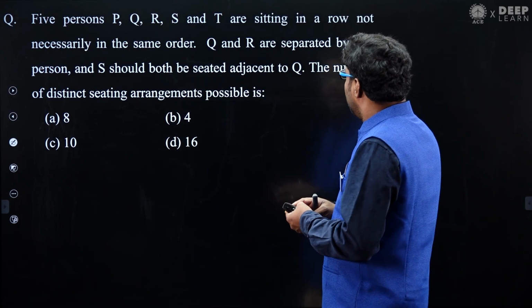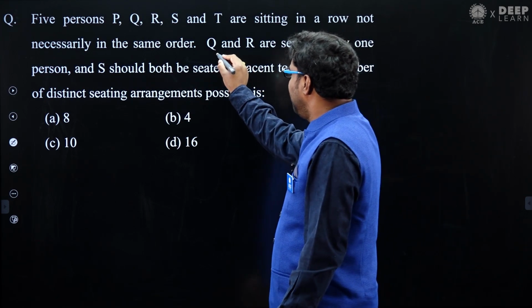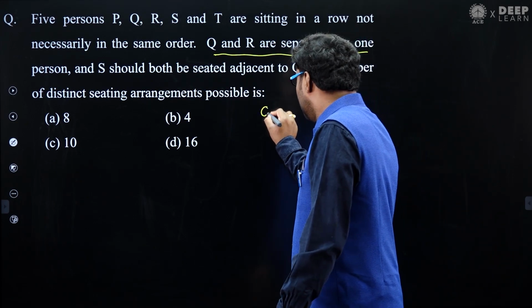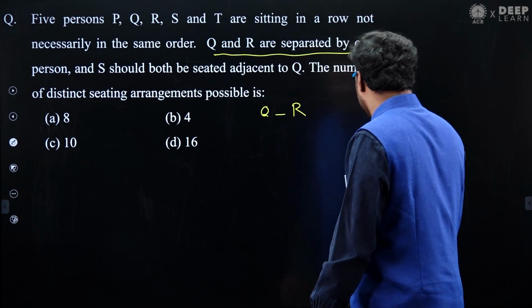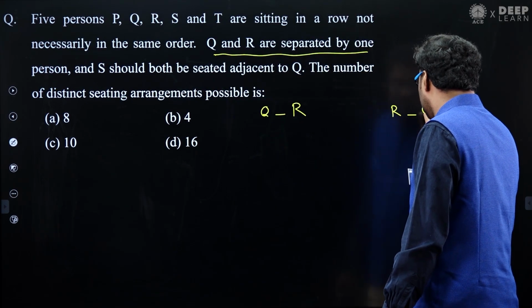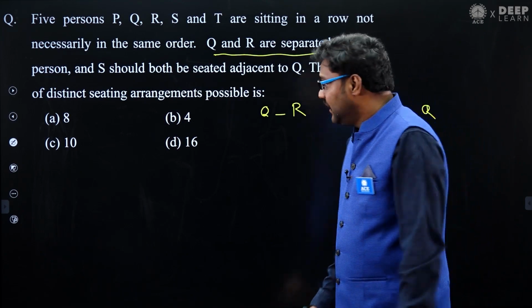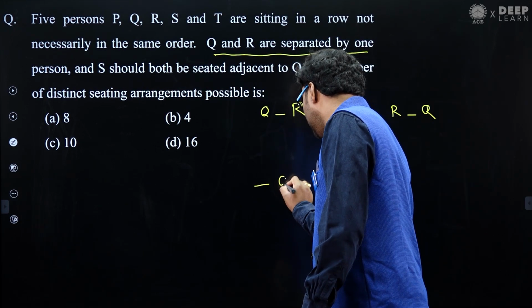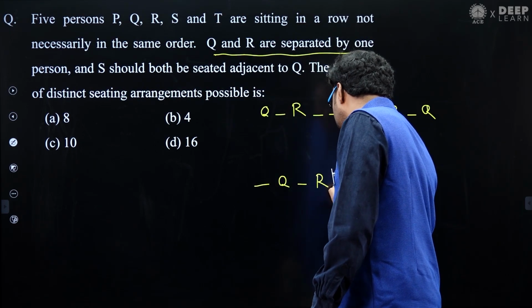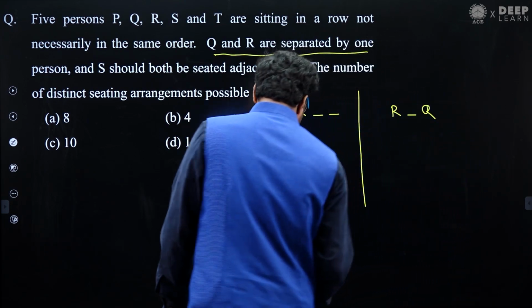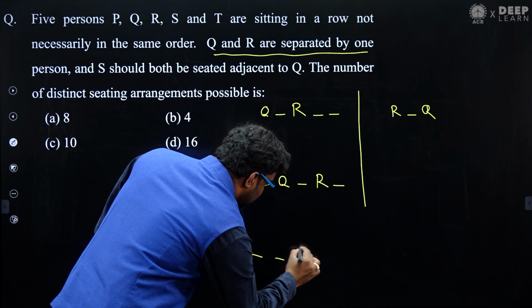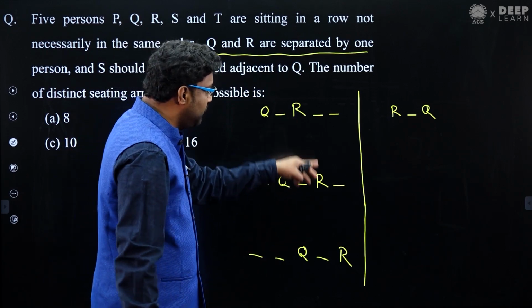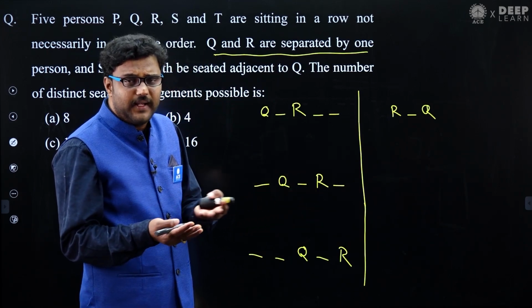Now here Q and R, they gave some condition. Q and R are separated by one person. It may be R and Q also. Fine. Total 5 people are there, right? So Q blank R, or maybe blank Q blank R, and still there is one more possibility, blank blank Q blank R. There is one person between Q and R, so R and Q or Q and R, that's not a problem.